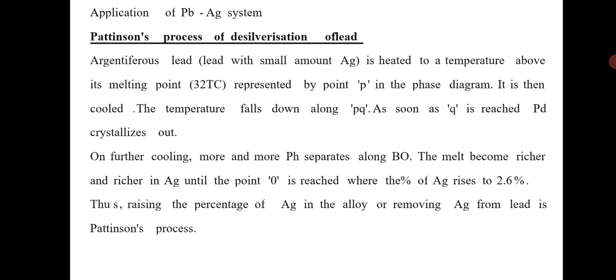As soon as the point Q is reached, the lead crystallizes out and the solution contains a relatively increasing amount of silver. On further cooling, more and more lead separates along the line BO and the melt continues to become richer in silver until the point O is reached, where the percentage of silver is raised to 2.6 percent. This process of raising the relative proportion of silver in the alloy is called the Pattinson process.